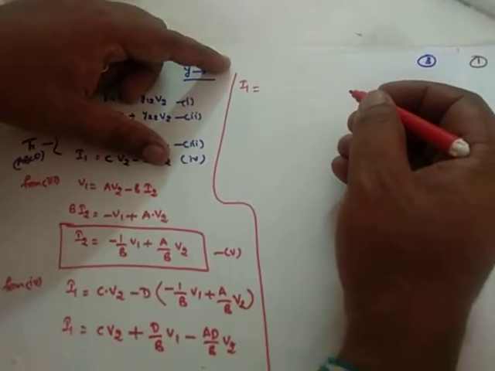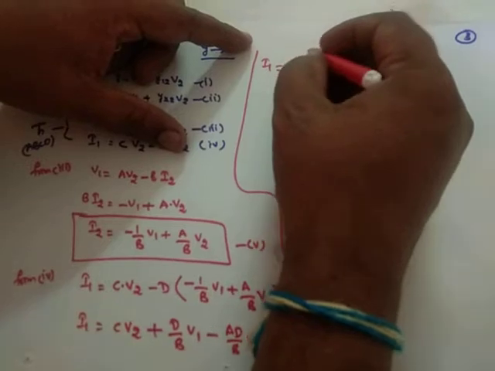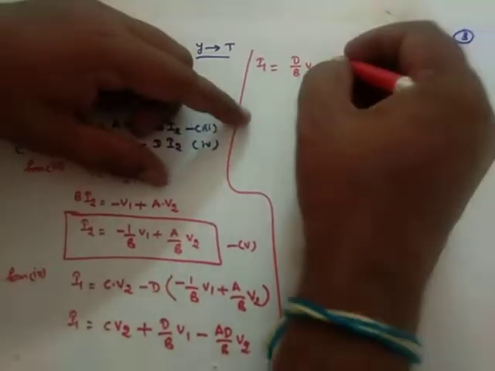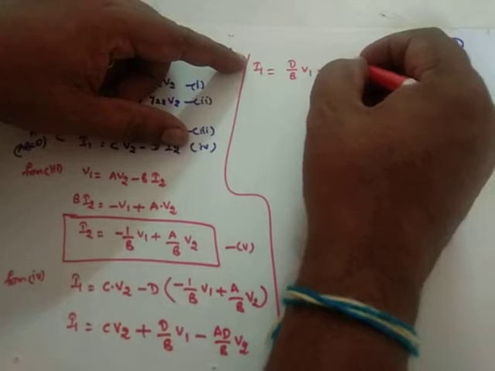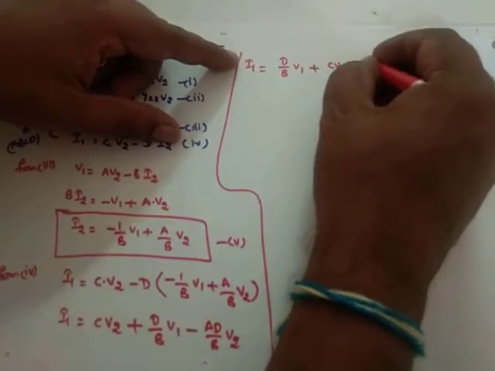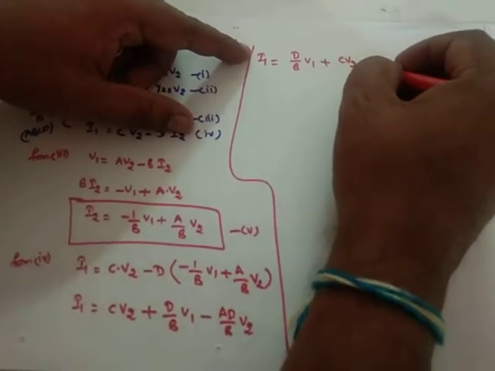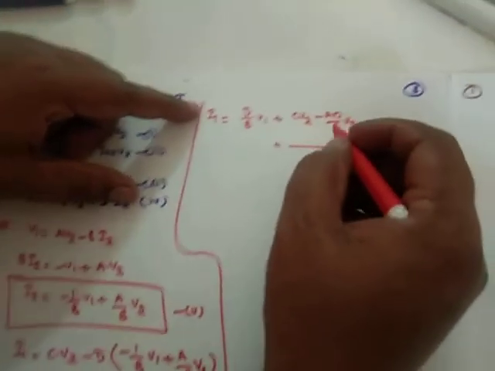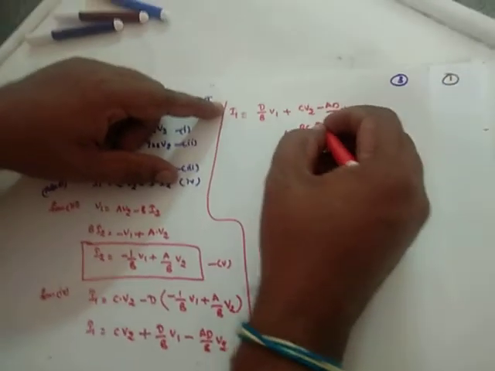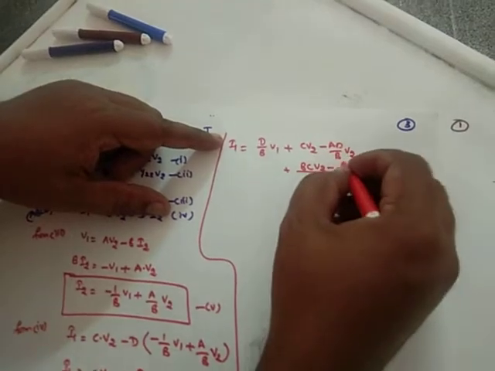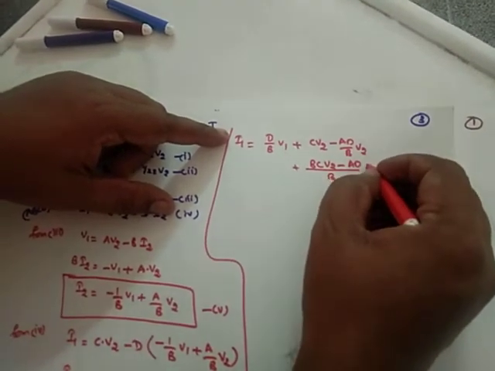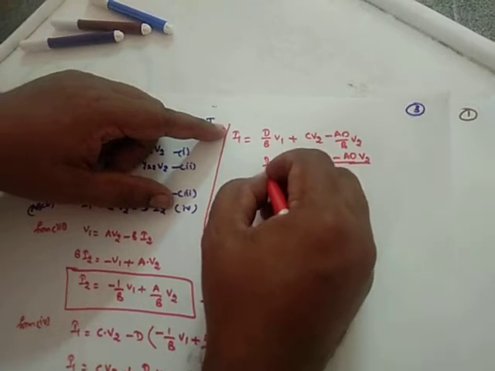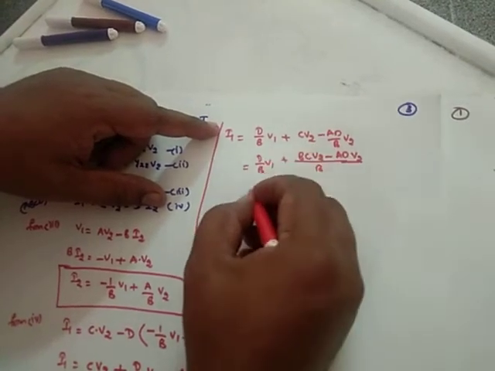I1 is equal to, taking common here, D by B V1 plus C V2 minus AD by B V2, which is BC V2 minus AD V2 over B. This is as it is, D by B V1.